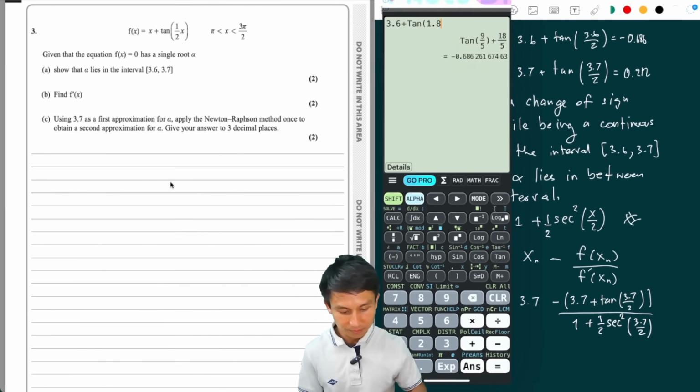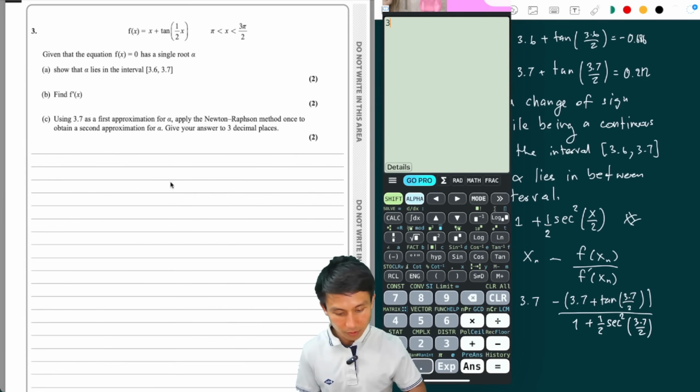Okay, so 3.7 minus fraction 3.7 plus tan of 3.7 over 2, and then down here we have 1 plus 1/2 times sec, which is 1 over cos, right?